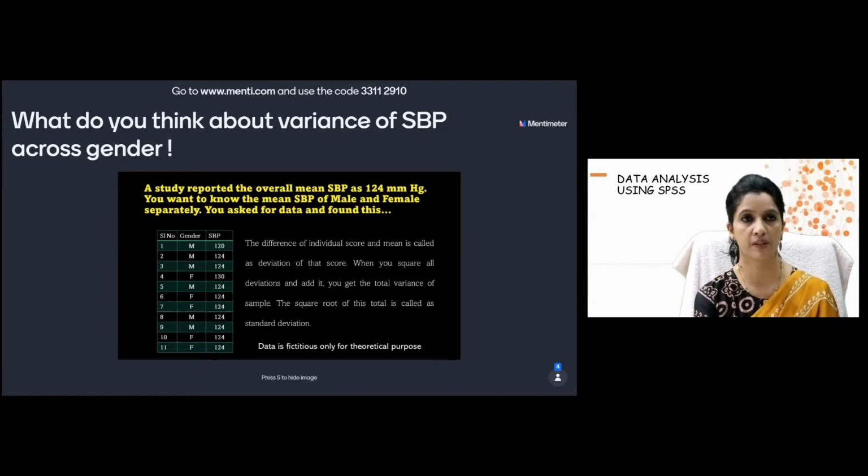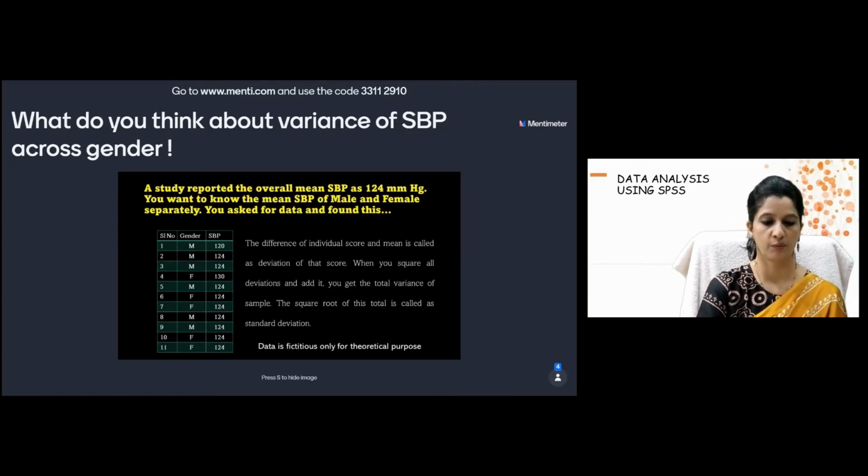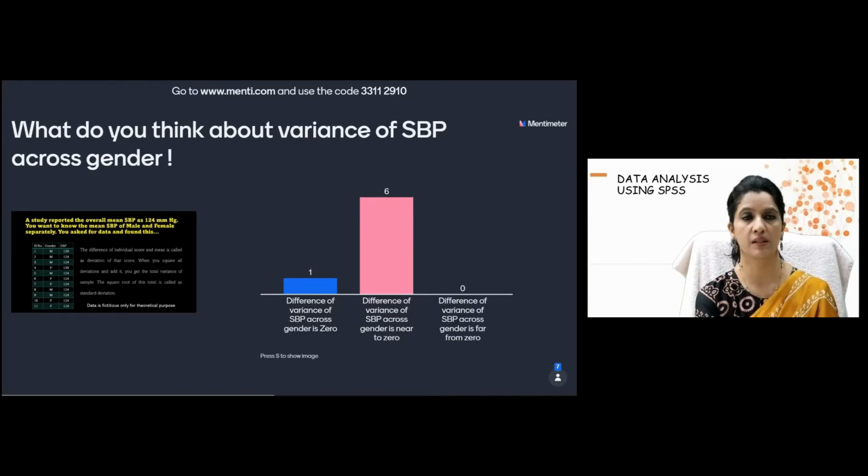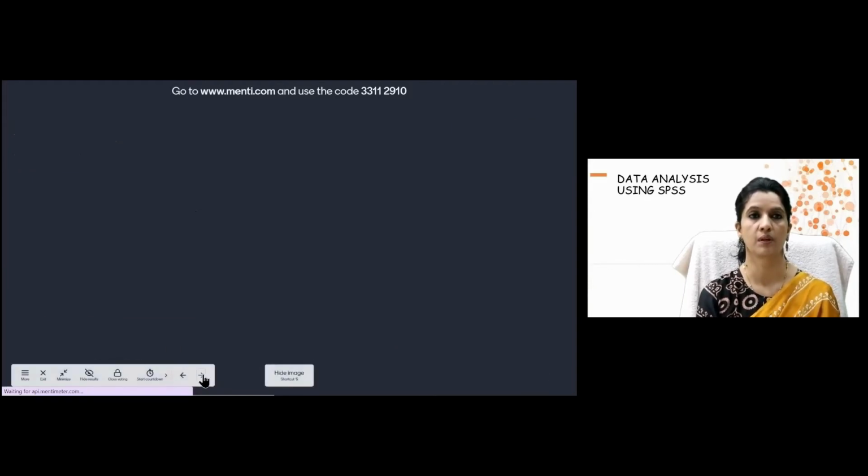This is also fictitious data, only for theoretical purposes. So what is your comment on variance? The difference of variance of SBP across gender is near to 0, but it is not 0 because there are two values, 130 and 120, which are different from the mean. So yes, you are right. The answer would be near to 0.